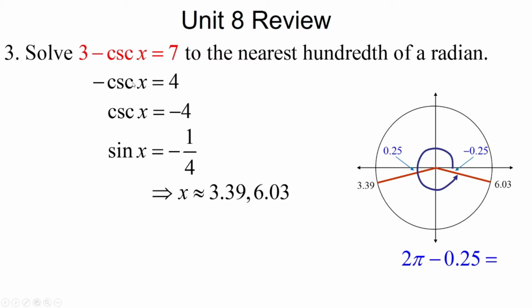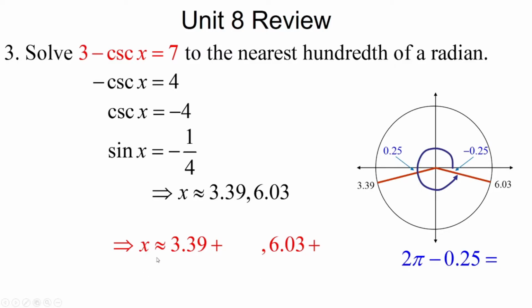But again, I am not done because they did not give me the interval from 0 to 2 pi. I've got to talk about all possible solutions. So I'm going to take those two answers and add, and because I'm in radians, and in the last problem we were in degrees, so we did plus n times 360 degrees, well, one rotation in radians would be 2 pi.